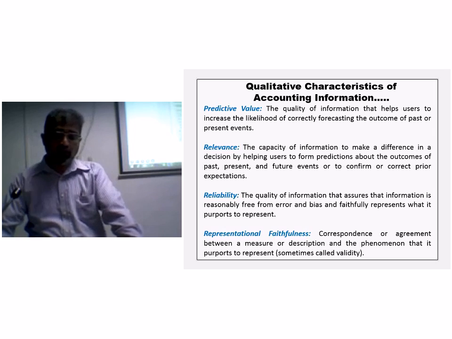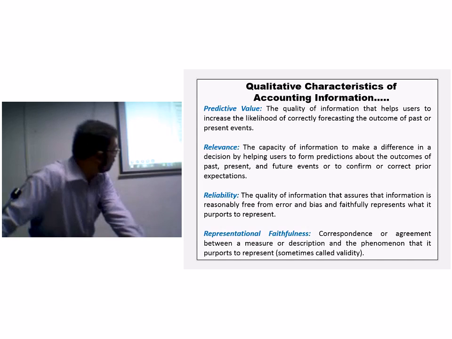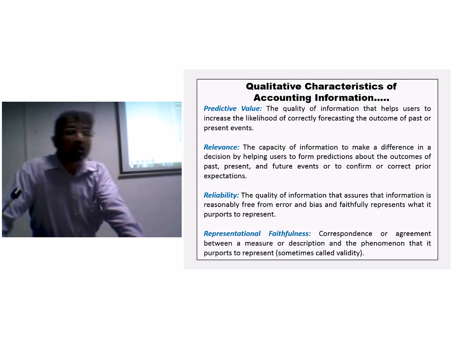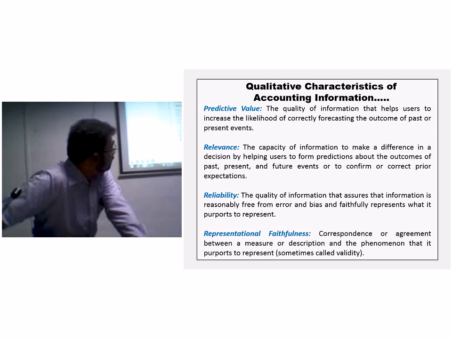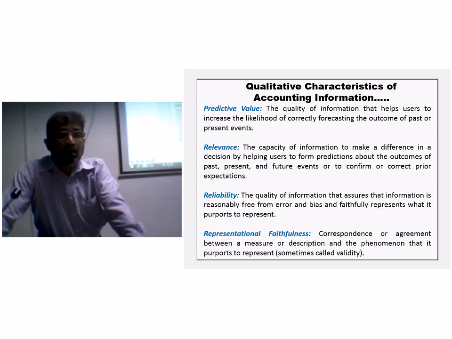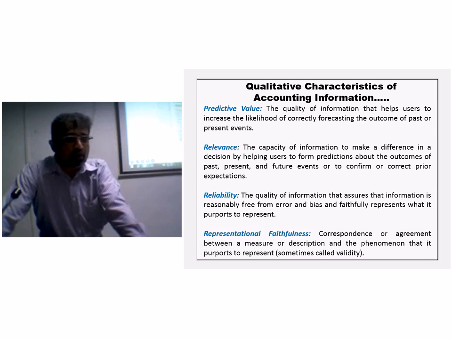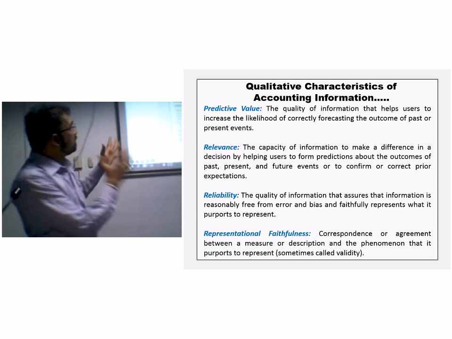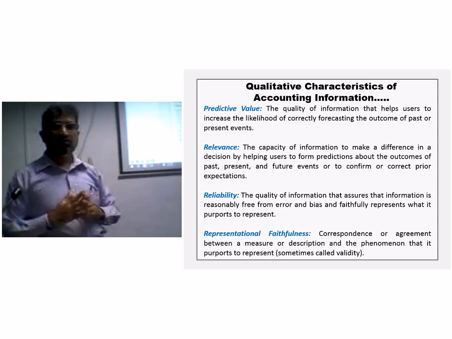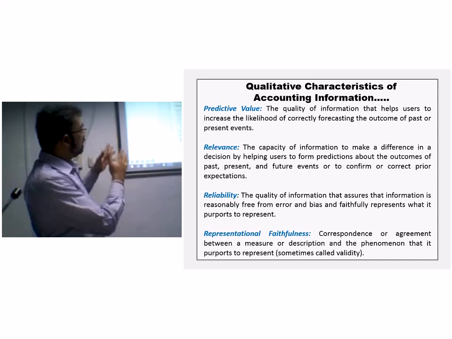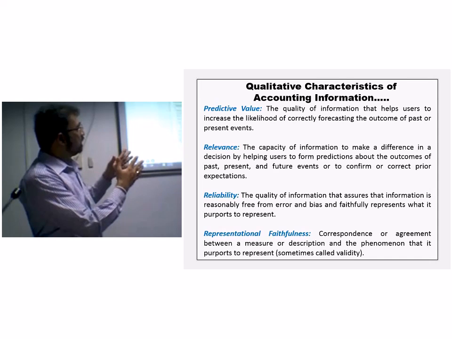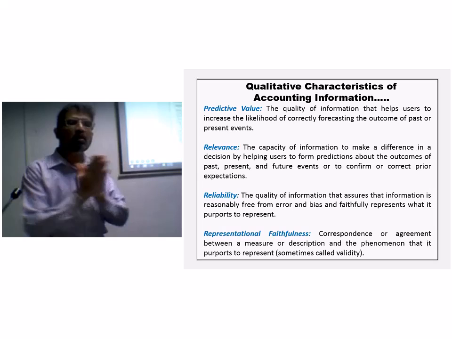Now if we take a few examples, I think you are aware of financial statements. Last time also we discussed a number of financial statements, and I uploaded some. If you refer to them, you can see this year's information with the previous year's information.